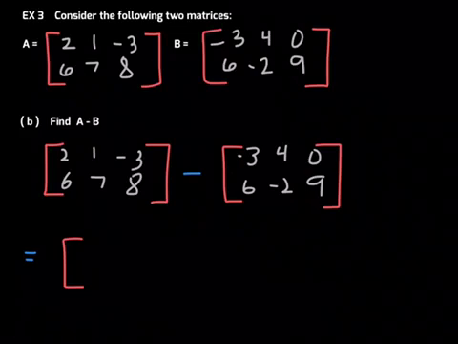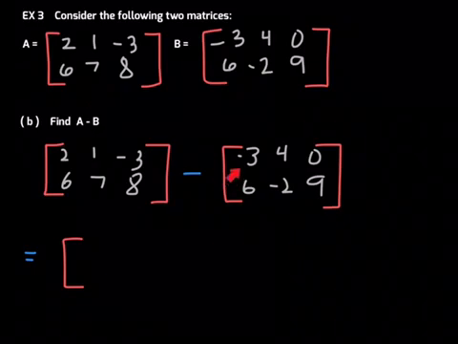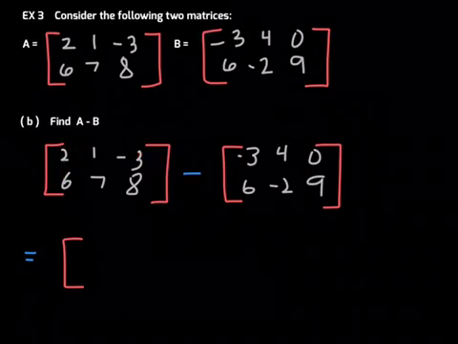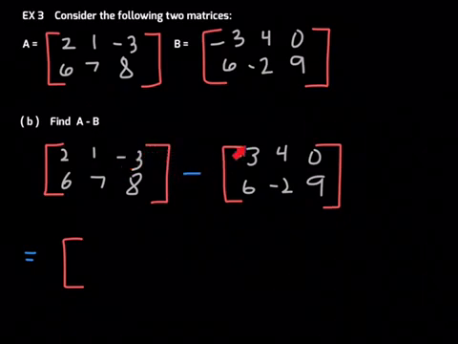When you're performing subtraction, it's really taking every entry in matrix B and subtracting it from every corresponding entry in matrix A. In other words, it'll be 2 minus -3. It'll be 1 minus 4. It'll be -3 minus 0, and so forth.